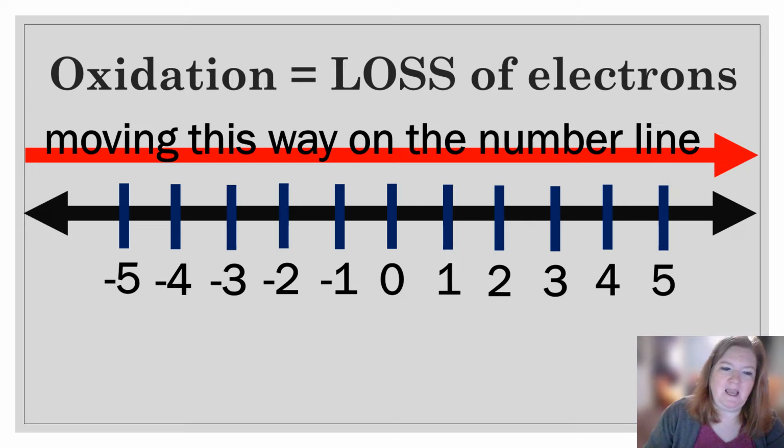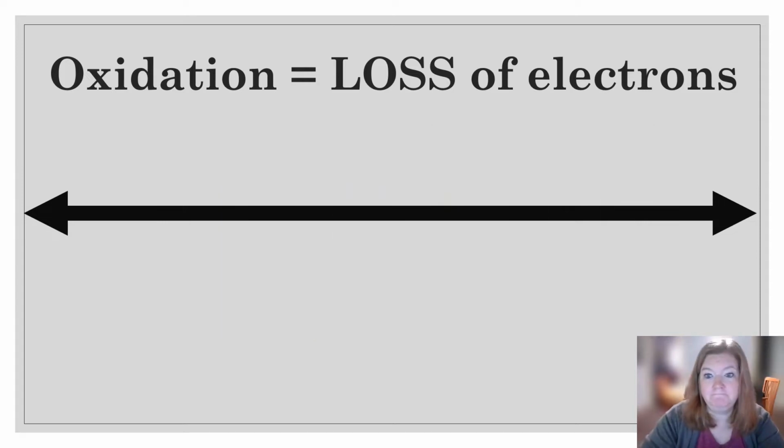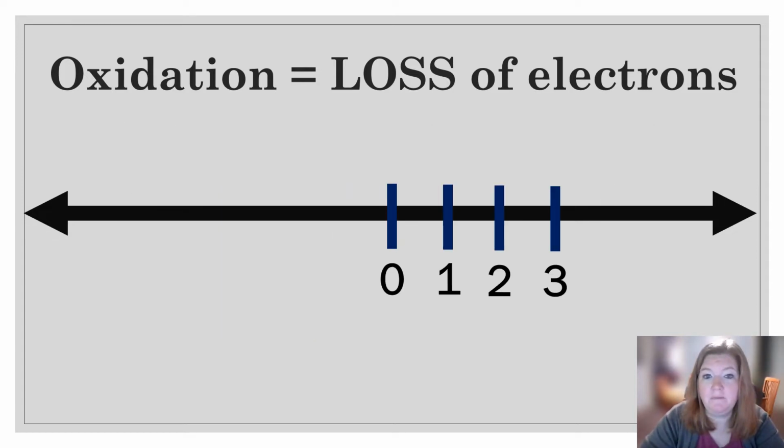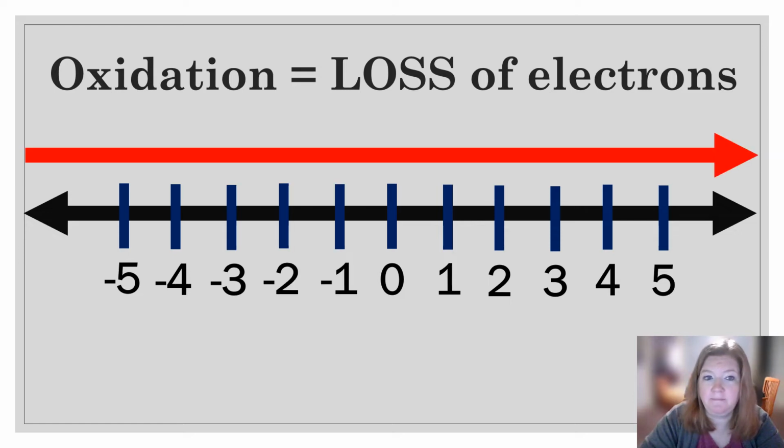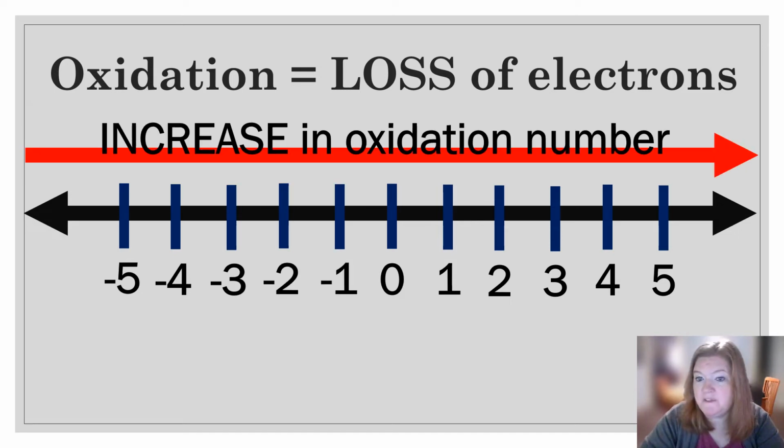So what we say is the oxidation number is increasing because as we move this way, the numbers get bigger. So again, looking at a number line, oxidation moves this way. That means the oxidation number increases with oxidation.